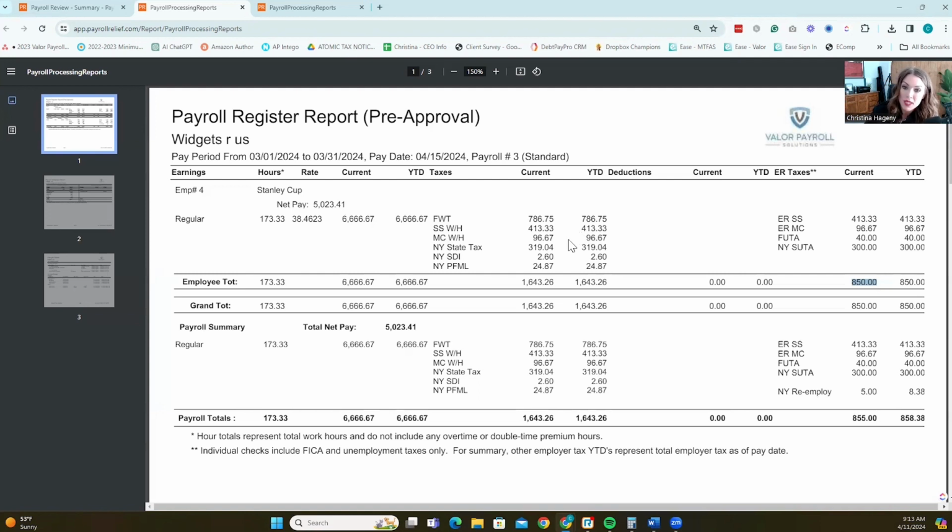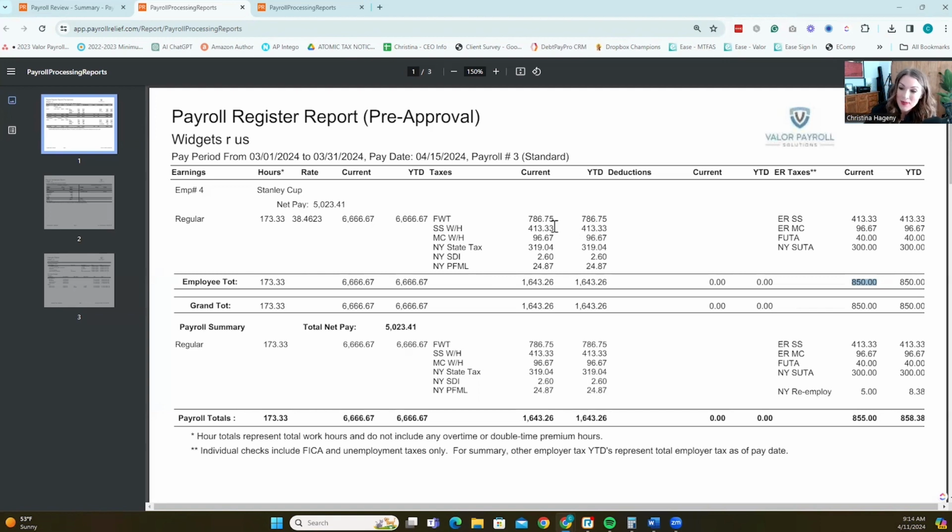Instead, you would have the business pay for the health insurance premiums. And then at the end of the year, that amount gets recorded as taxable income on your W-2, but it is only subject to federal and state income tax. It would not be subject to self-employment tax, Social Security, Medicare, or the state unemployment taxes.